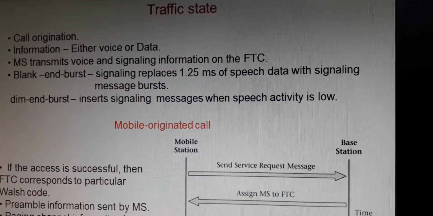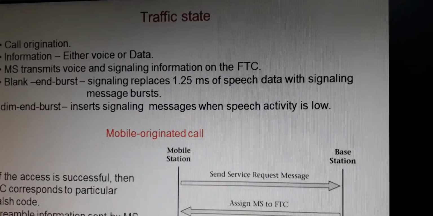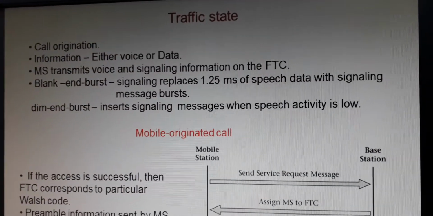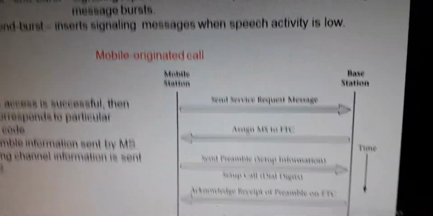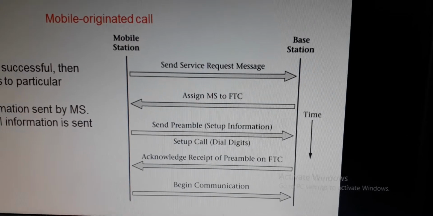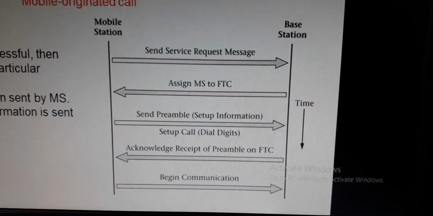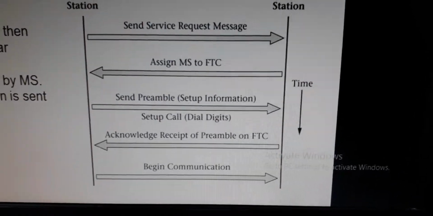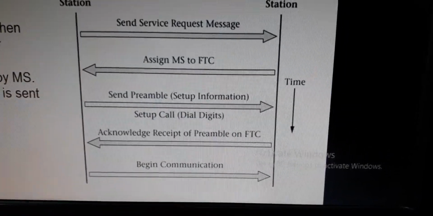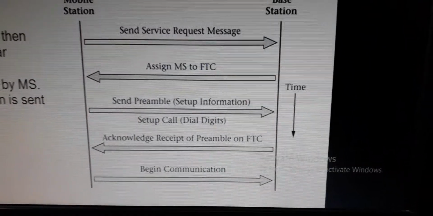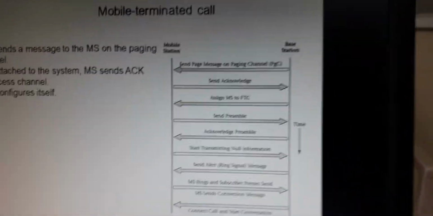The traffic state is very simple. Call origination, either voice or data. That is the forward traffic channel only. Mobile originated call is very simple. Assigning the forward traffic channel with some preamble information, dialing of digits and setting up the call, acknowledgement, pre FTC, and communication starts.